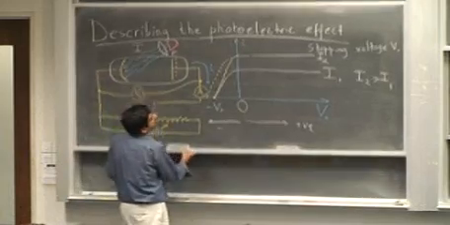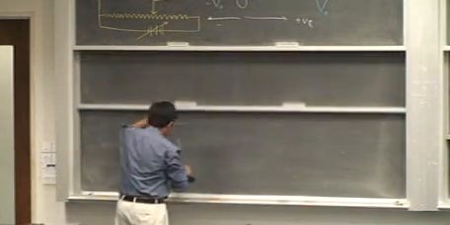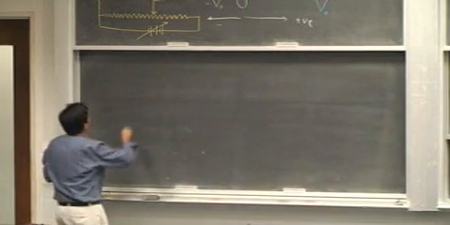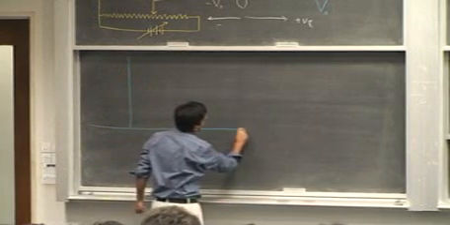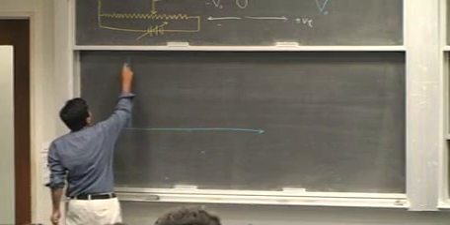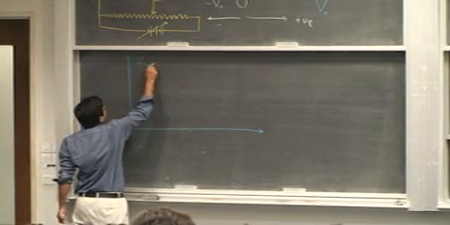The other experiment which Philip performed was the following. He plotted a graph of the maximum kinetic energy.